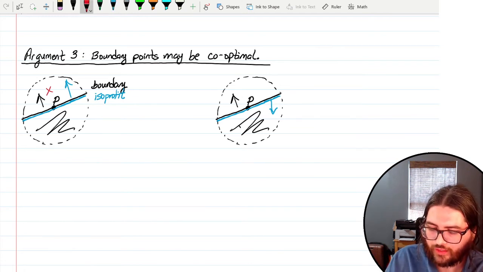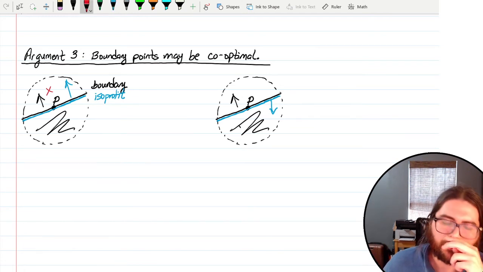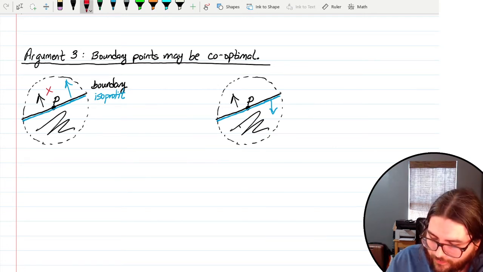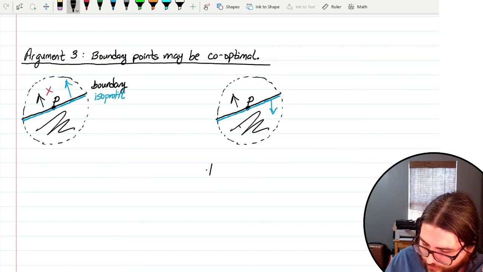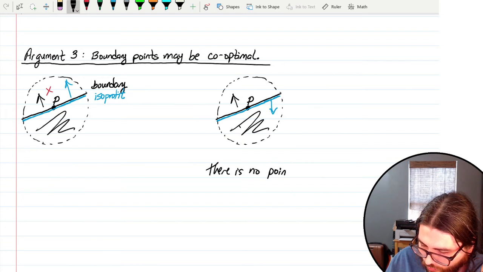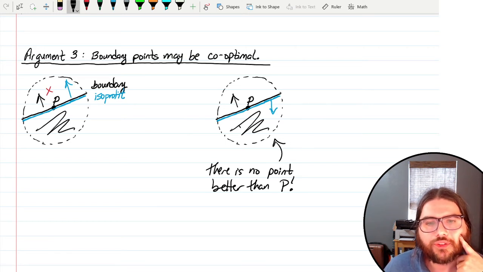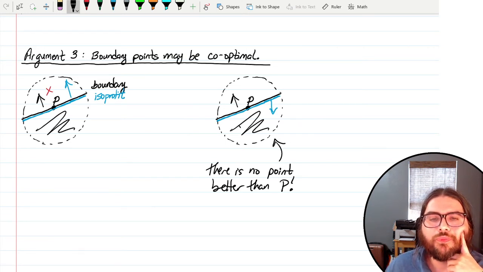You would say, aha, I've disproven your argument, because there is no point in this circle which is better than P. And unlike the one I drew on the left, there's no point better than P. You would say, that point is never purely optimal.